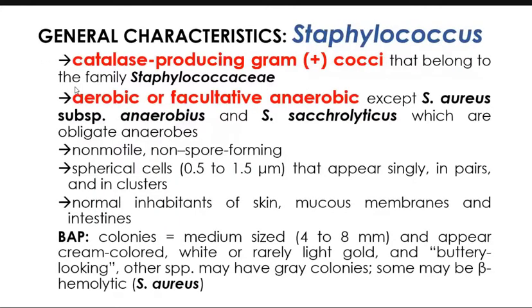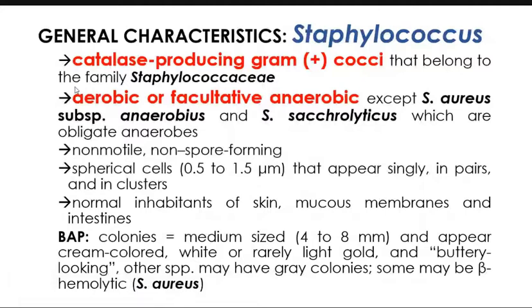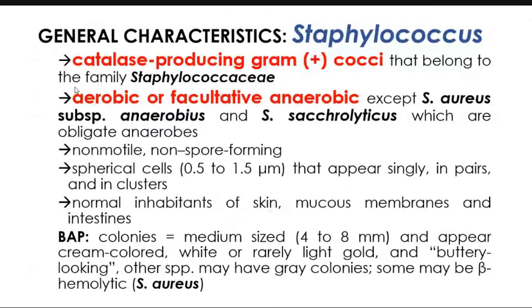So, the general characteristics of Staphylococcus. You already know they are catalase-producing gram-positive cocci, and they belong to the family Staphylococcaceae, because we also have Micrococcaceae, which is another family. Staphylococcus are aerobic or facultative anaerobes, except for Staphylococcus aureus subspecies anaerobius and Staphylococcus saccharolyticus, which are obligate anaerobes.